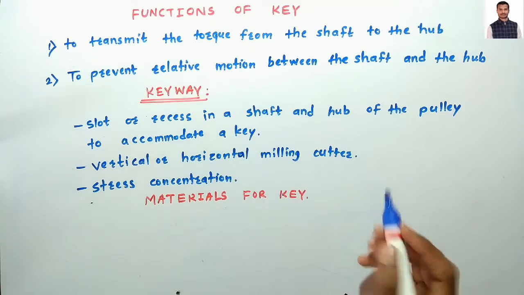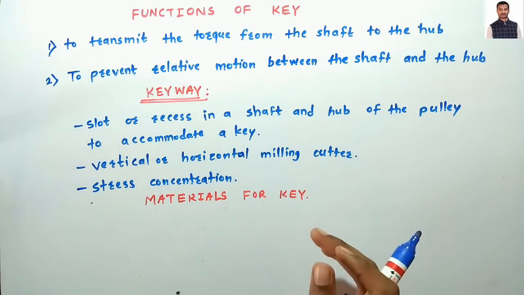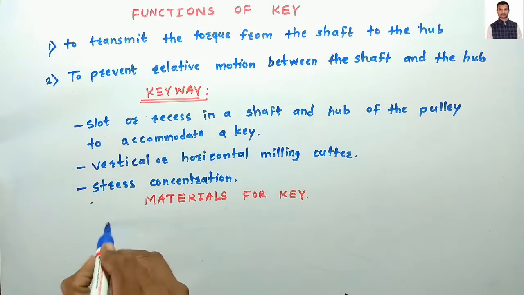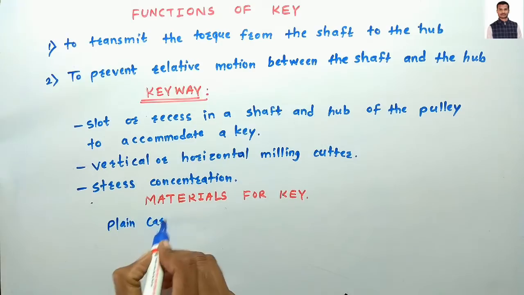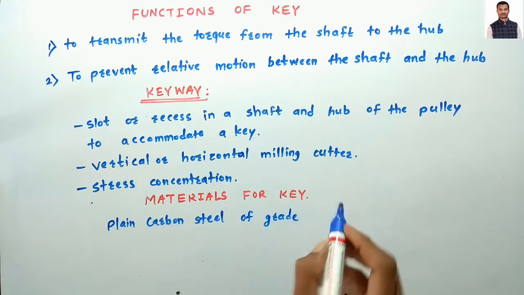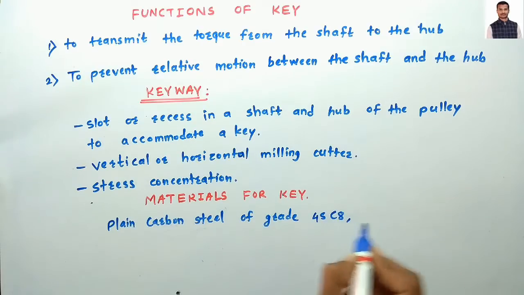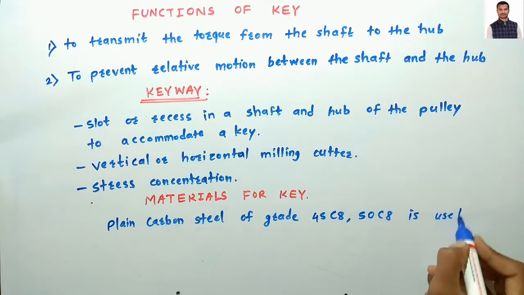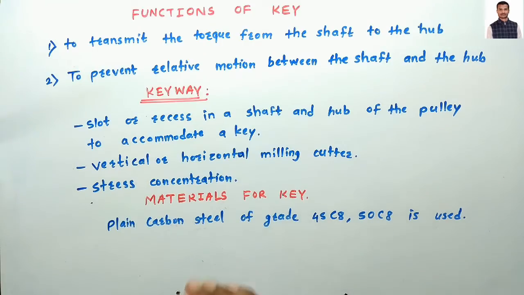So, in order to withstand shear and crushing stresses, or shear and compressive stresses resulting from transmission of torque, plain carbon steel of grade 45C8 or 50C8 is used.